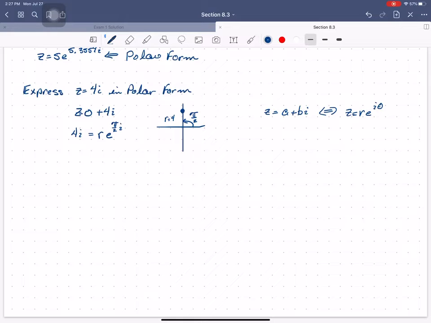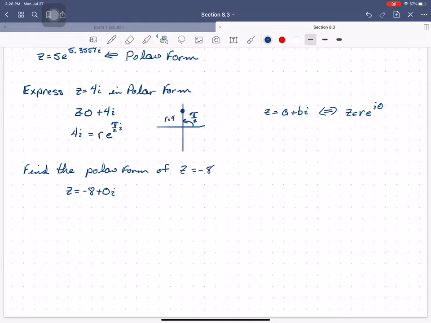Let's do another example. Let's find the polar form of the complex number z equals -8. You might think that doesn't look like a complex number, but it is, because that is -8 plus 0i.